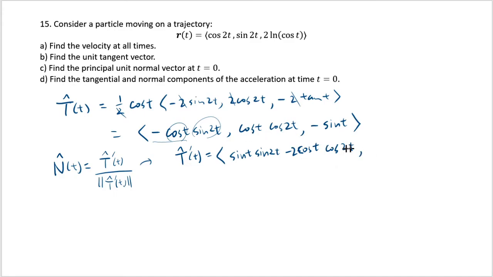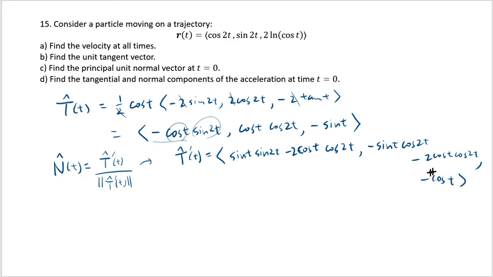And then if you differentiate cosine t, it's negative sine t, cosine 2t, and then if you differentiate cosine 2t instead, it will be minus 2 cosine t, cosine 2t, and then finally if you differentiate negative sine t, it gives you negative cosine t.